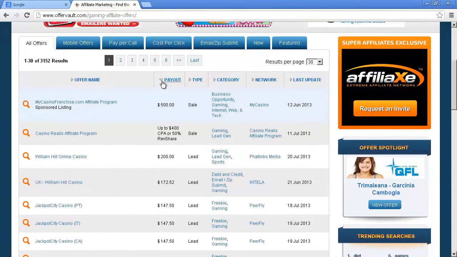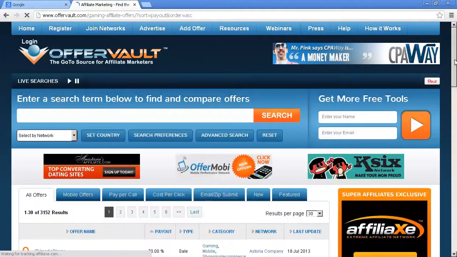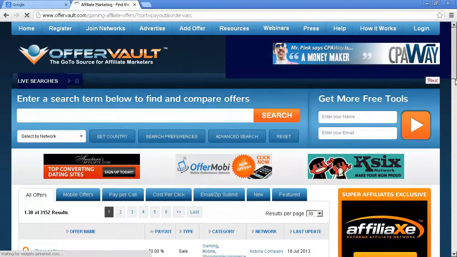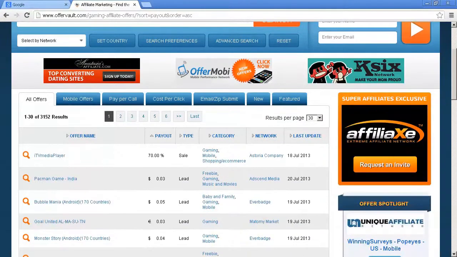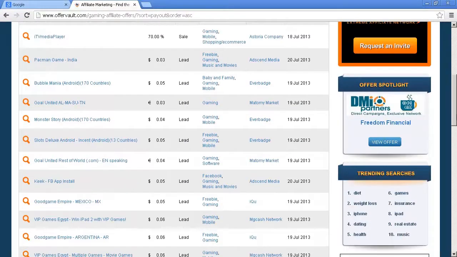And I think we can even sort by payout, by the highest payout and the lowest payout. Okay, these are all offers sorted by low payouts.